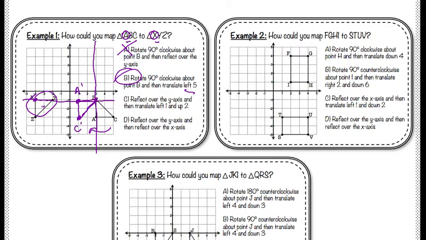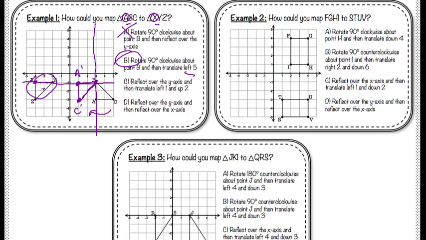We're going to look at another example, and that is example 2. Example 2 says, how could you map FGHI to STUV? So F and S are supposed to be corresponding vertices. They go together.